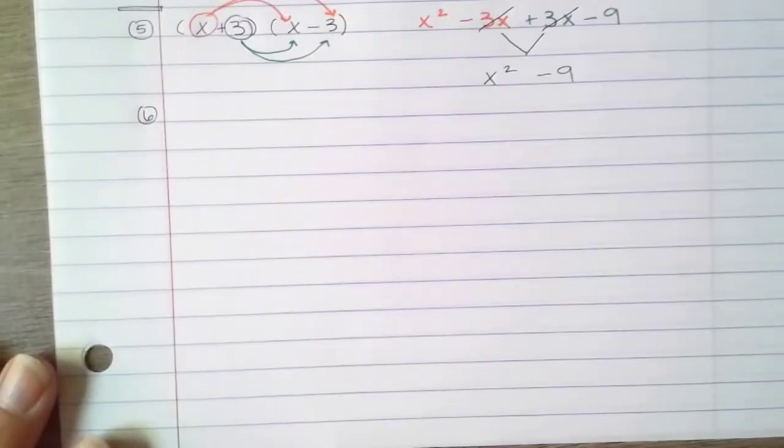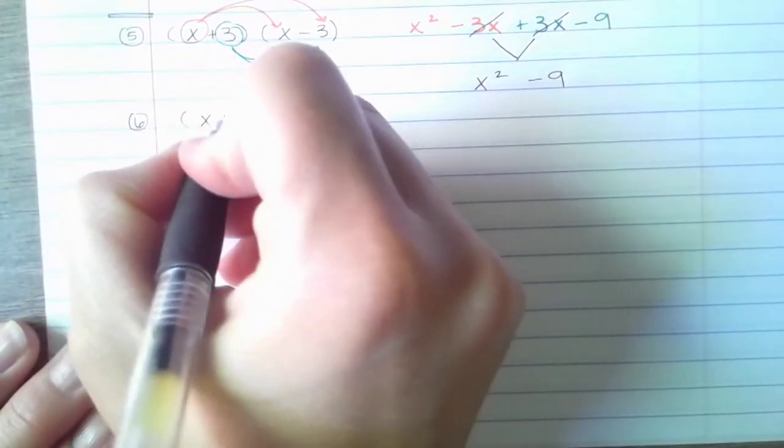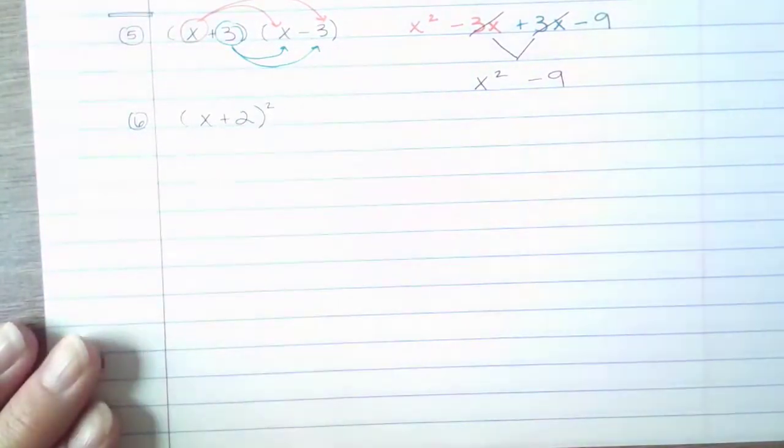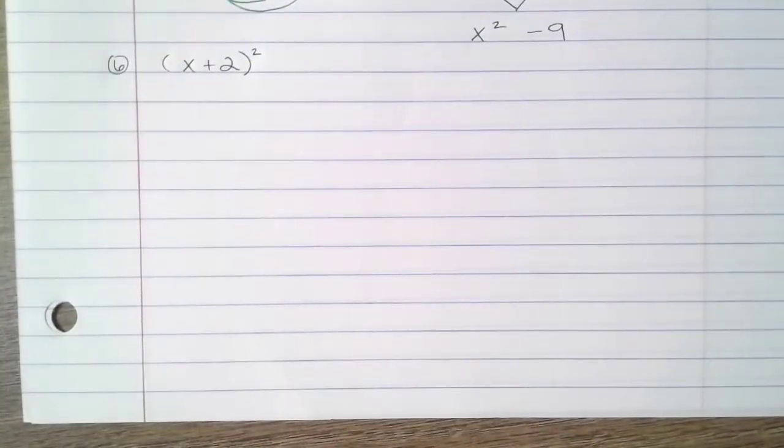All right, number 6. This is a good example because it looks like this. I'll give you a second to catch up and write that down. x plus 2 squared. Well, what does squaring mean? If I have x squared, it's x times x. If I have 4 squared, it's 4 times 4.